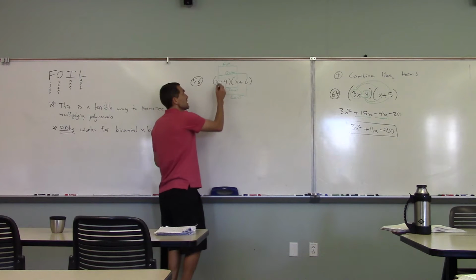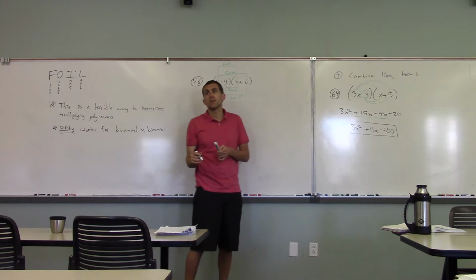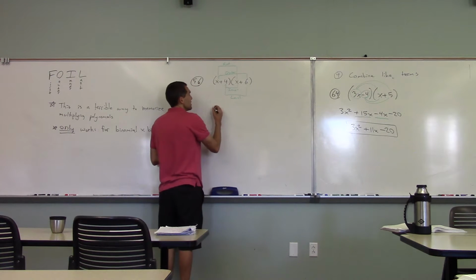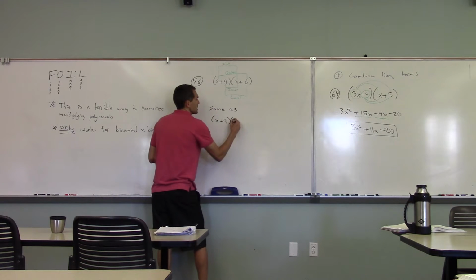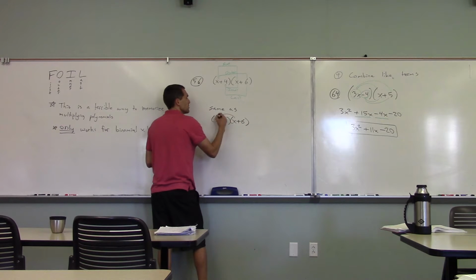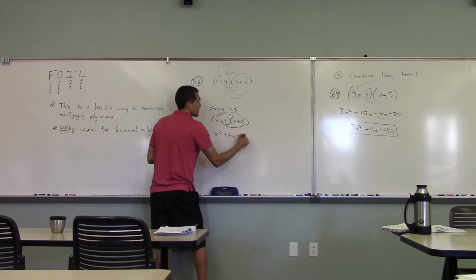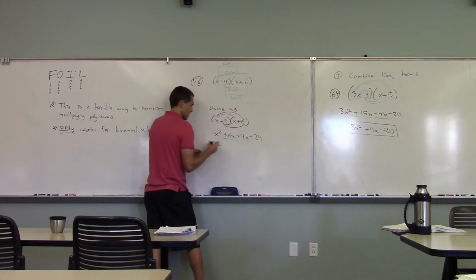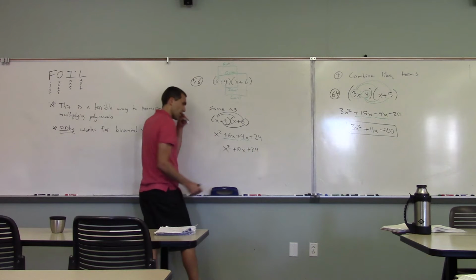Okay? But that's the same as saying distribute the x to both of these, then distribute the 4 to both of these. So it follows the exact same logic, and you don't remember one special circumstance for one special product. Same as x plus 4 times x plus 6, and just saying this times both, and so you get x squared plus 6x plus 4x plus 24, regardless of which way you did it. Combine your like terms, x squared plus 10x plus 24.